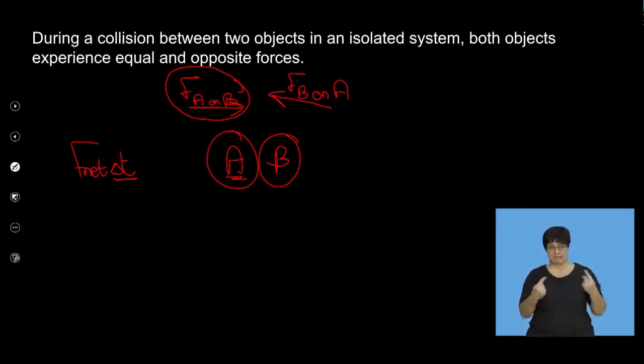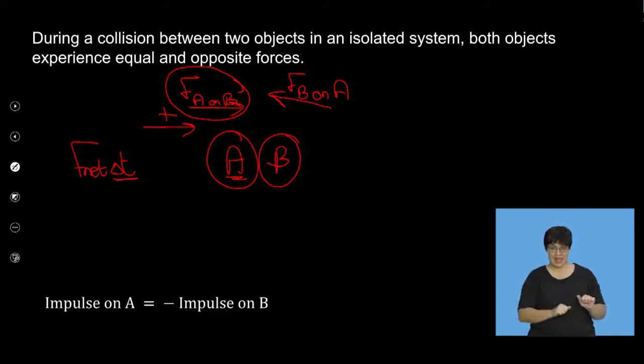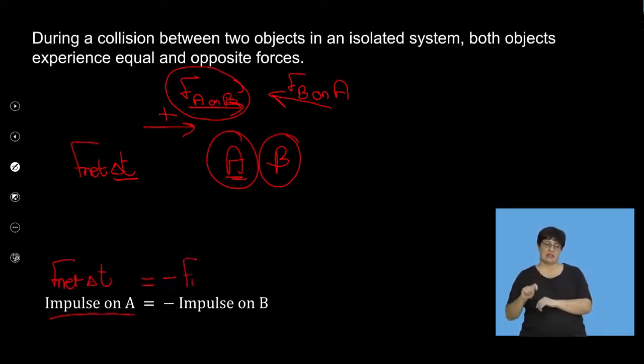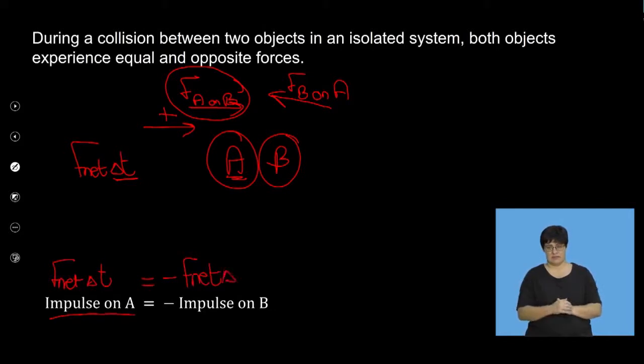That can't disappear. So if I make A's direction positive, that means my impulse on A is the negative of the impulse on B. All this means is F net delta t for A is the negative of F net delta t for B. The only thing that's different is direction.